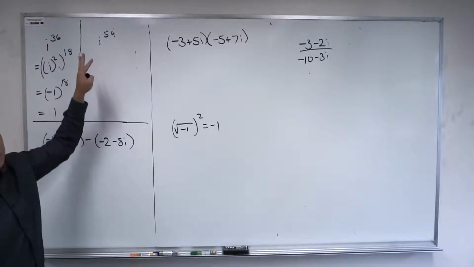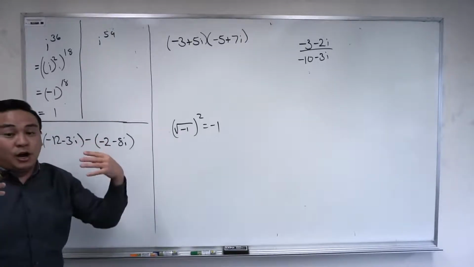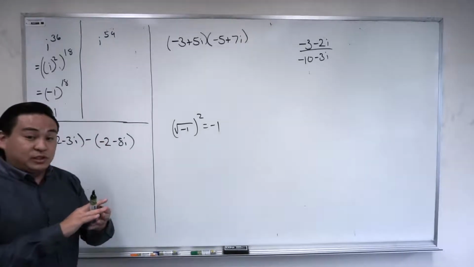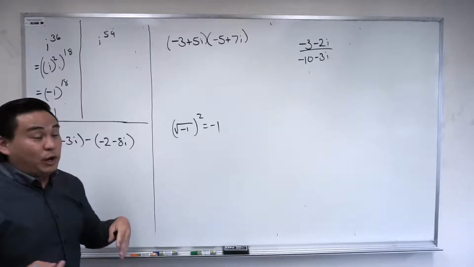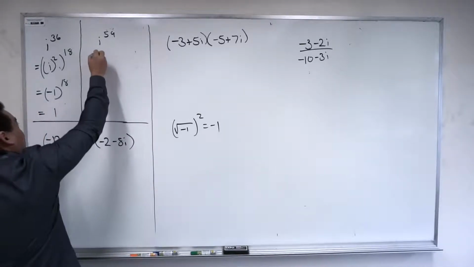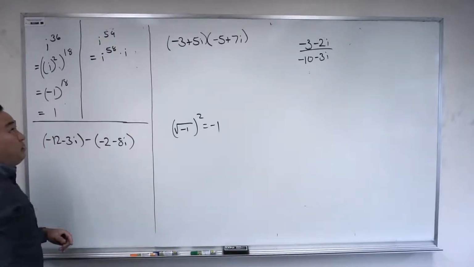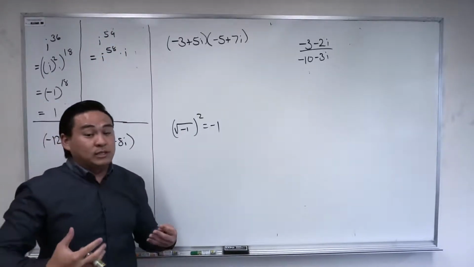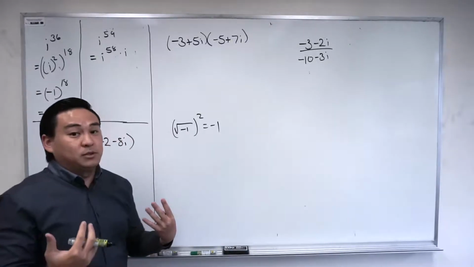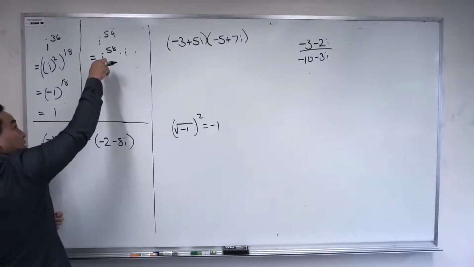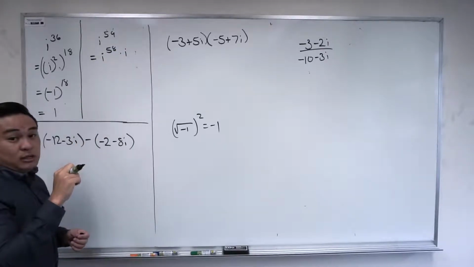This one, what you do is you're going to first convert an odd number, and what you're going to do is you're going to split it into an even number plus 1. So i to the 58th times i. Because when you multiply with the same base, you add the exponents, right? So using your exponent rules. This here is now even.